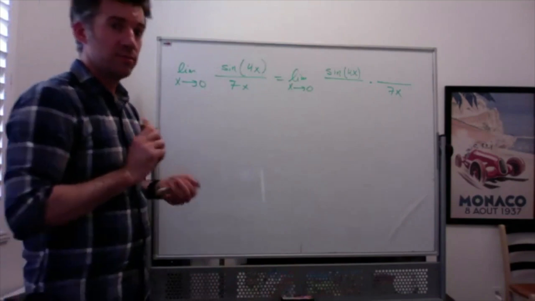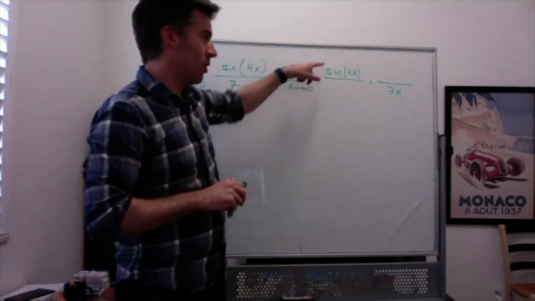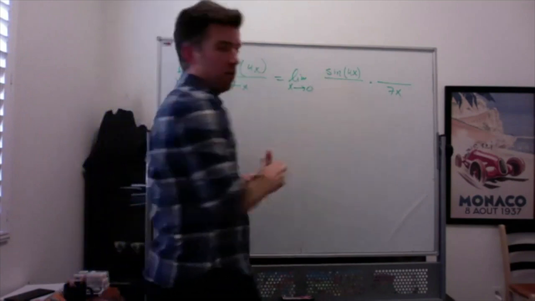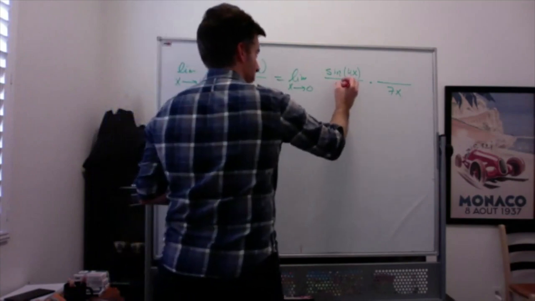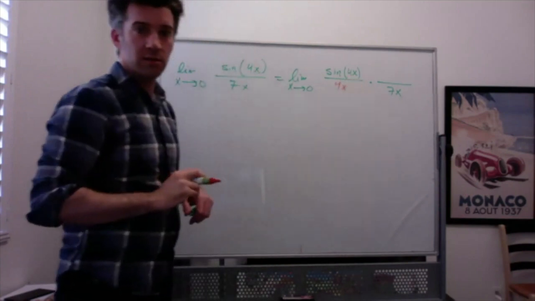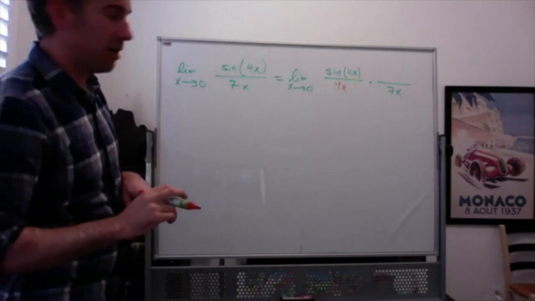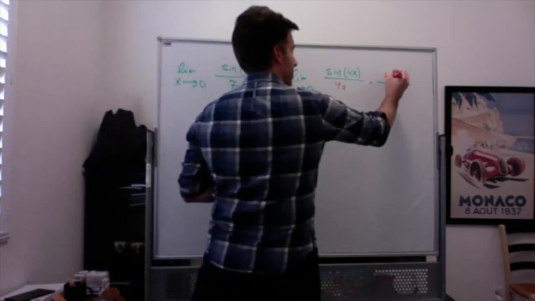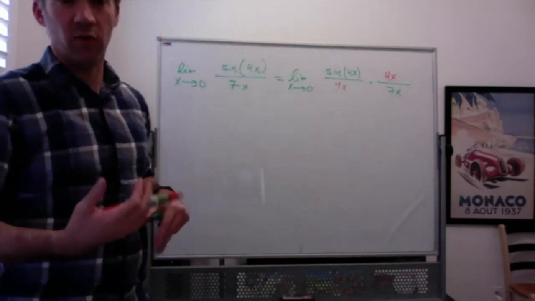Then I'm literally going to ask myself the question: what do I wish was going with sine of 4x? What do I wish was in the denominator here? The answer is 4x. I wish I had a 4x there. Well, great. I can put one there as long as I balance it out, essentially multiplying by 4x over 4x.